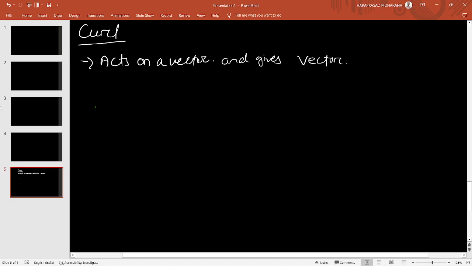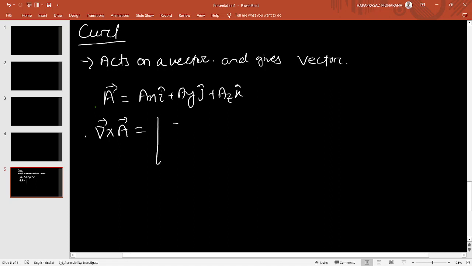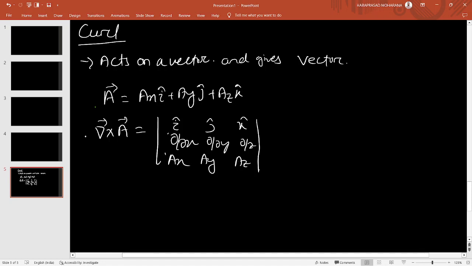So how do we represent curl? If I have a vector A as Ax i cap, Ay j cap, Az k cap, I represent the curl of a vector, that is del cross A, as a determinant with i cap, j cap, k cap in the first row, del by del x, del by del y, del by del z in the second, and the components Ax, Ay, Az in the third. This is the curl of a vector.